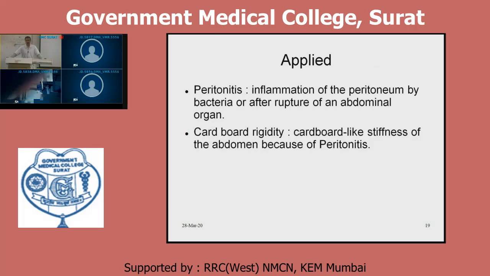Therefore, because of spasm of these muscles of the anterior abdominal wall, there is cardboard rigidity, and tenderness is present in relation to the anterior abdominal wall. This is known as cardboard rigidity, mainly in generalized peritonitis.